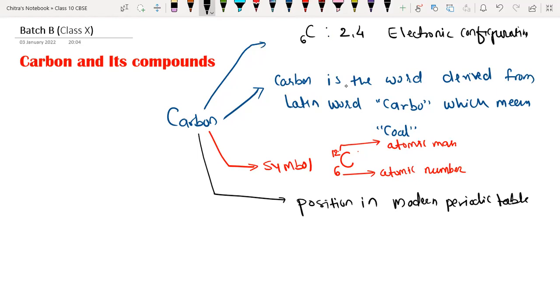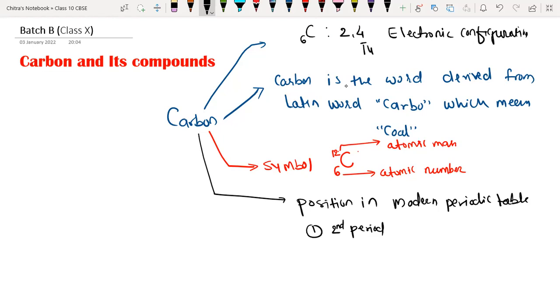See, here we have 2 and 4. That means carbon has 2 shells. If it has 2 shells, it belongs to the second period. So I'm writing here second period. And again here we have 4, which means it comes from the 14th group.